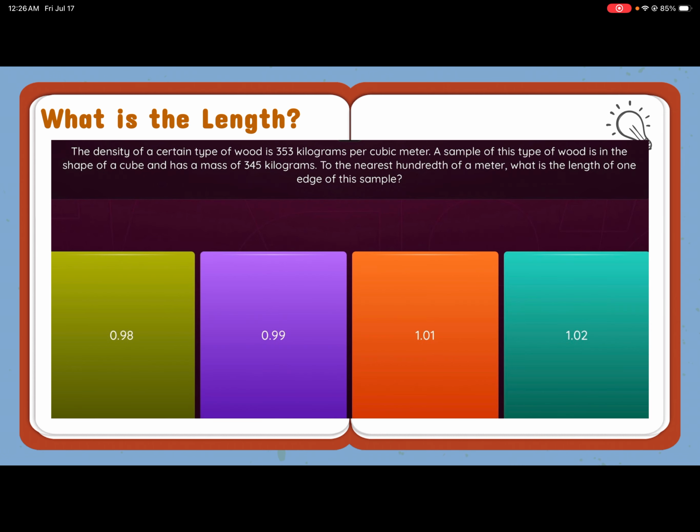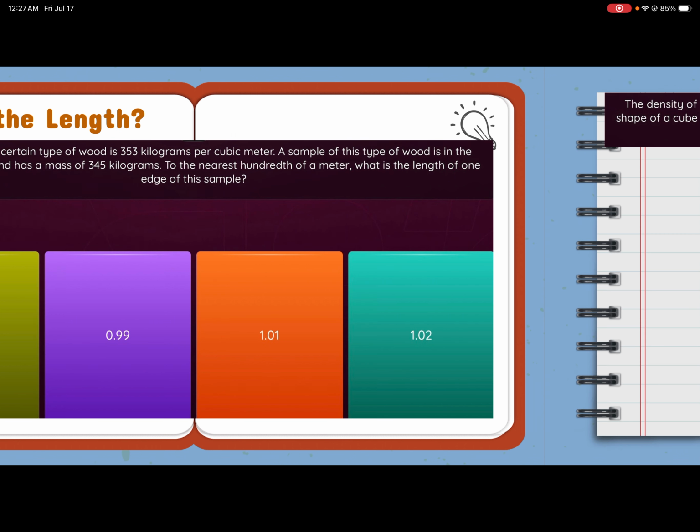Okay, the density of a certain type of wood is 353 kilograms per cubic meter. The sample of this type of wood is the shape of a cube and has a mass of 345 kilograms. Again, we're finding the edge in just meters, so we have to cube root that cubic meter.